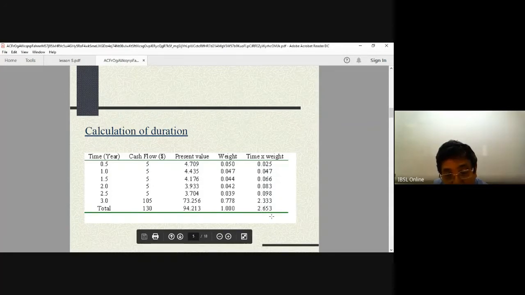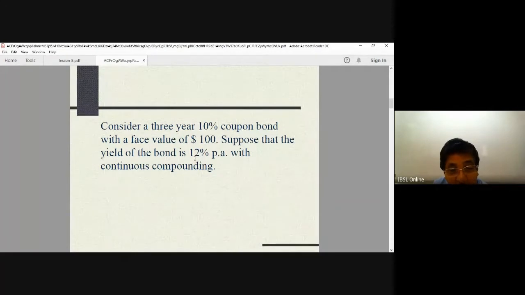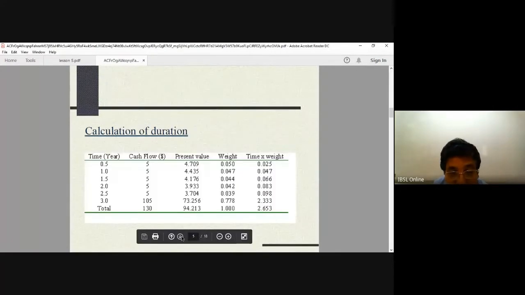That total gives you the duration of a bond of this nature: a 3-year 10% coupon bond with a face value of $100, and a yield of 12%. So that bond's duration is given by this worksheet. It is 2.653. The duration is measured in years, 2.653 years.